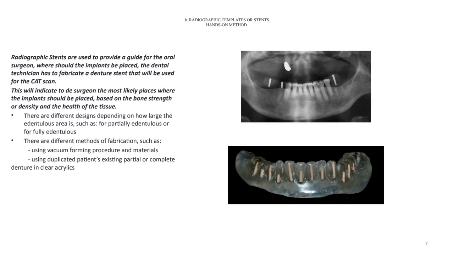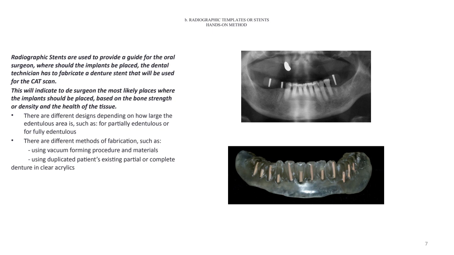So what are the radiographic stents? They are used to provide a guide for the oral surgeon where the implant should be placed, and the dental technician has to fabricate the denture stent that will be used for the CAT scan.